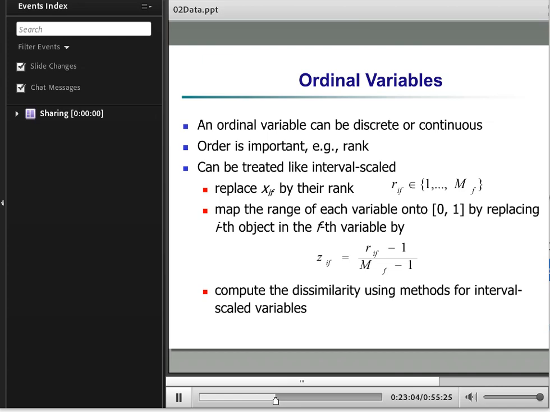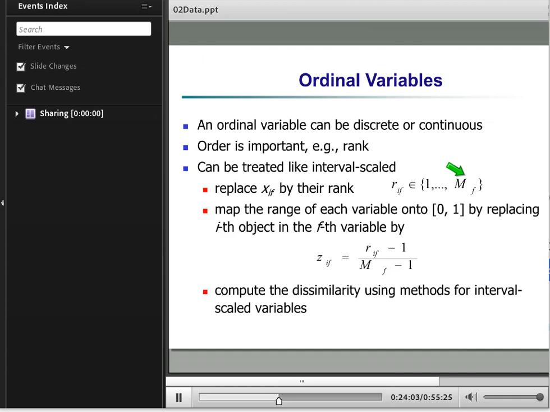But when we are talking about ordinal variables, variables that have a rank, for example, military ranks, I can place those ranks in an ordered manner, from 1 to m, in an ascending manner.